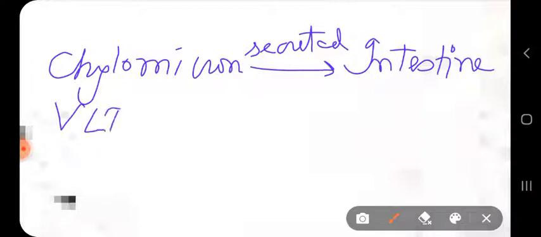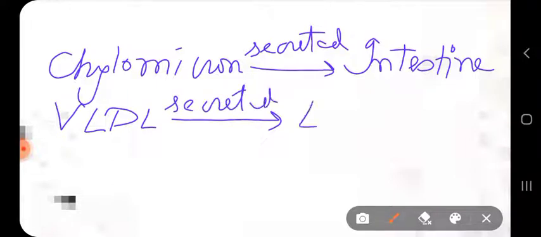Chylomicron is secreted from your intestine, whereas VLDL, very low density lipoprotein, is secreted from the liver.